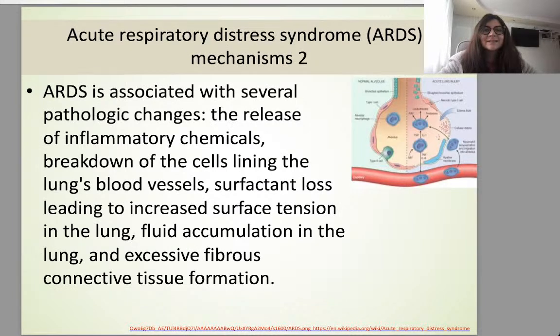Acute respiratory distress syndrome is associated with several pathological changes: release of inflammatory chemicals, breakdown of the cells lining the lungs' blood vessels, surfactant loss leading to increased surface tension in the lung, fluid accumulation in the lung, and excessive fibrous connective tissue formation.